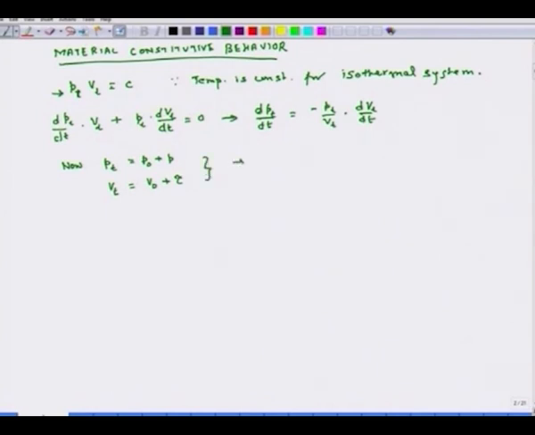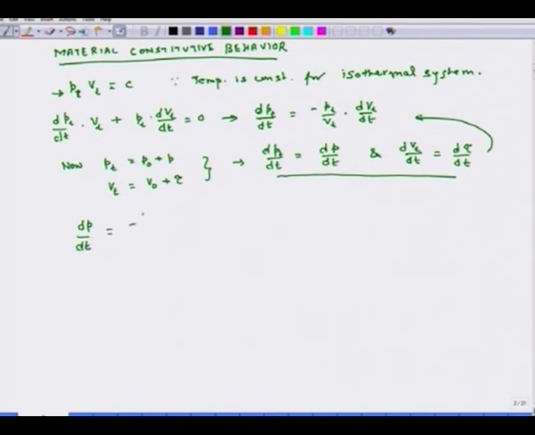So, from these I can say that the time derivative of pressure is the same as dP over dt, and the time derivative of volume is the same as the time derivative of incremental volume. Plugging these in, I get dP over dt equals minus Pt over Vt times d tau over dt.